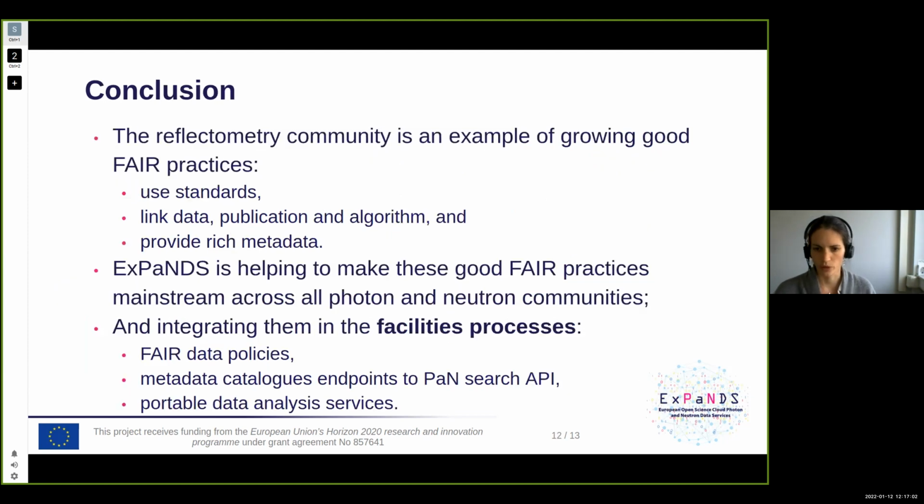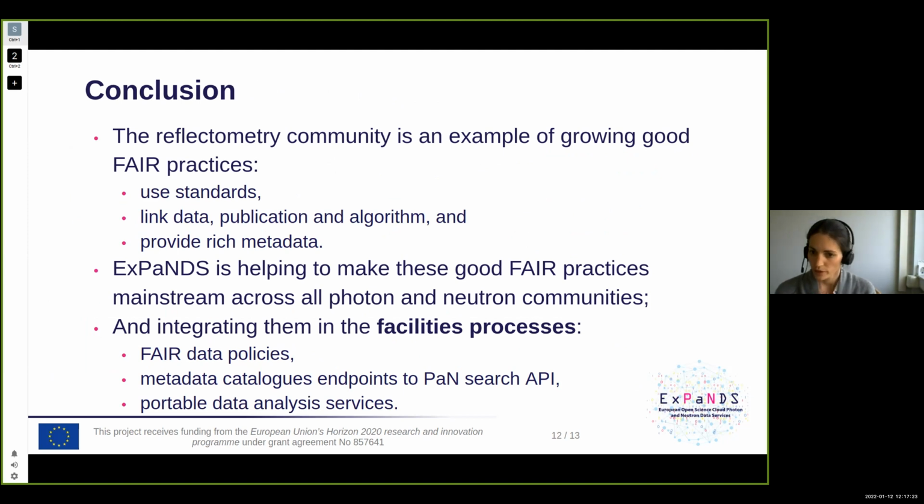Which leads me to the conclusion. We think in Expanse the reflectometry community is an example of good FAIR practices. They use standards, they link the data, publication and algorithm together to make for better reproducibility, and provide rich metadata for future reuse.